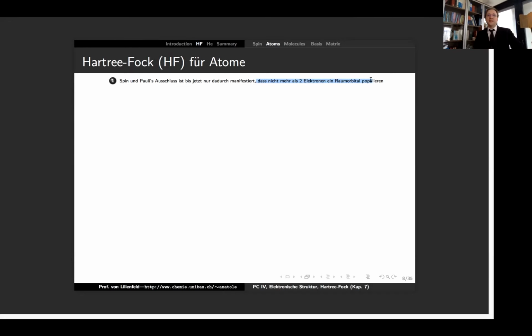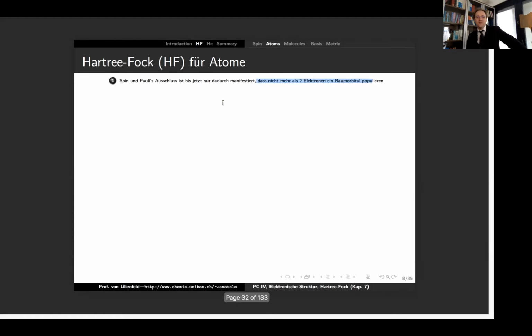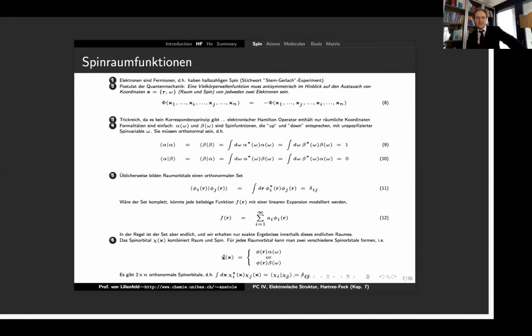And that's how we have taken care of it. But in 1930, Fock and Slater argued that the true wave function needs this explicit spin, and so that it should be antisymmetric. This means we need a linear combination of these chi functions which obeys equation 8.